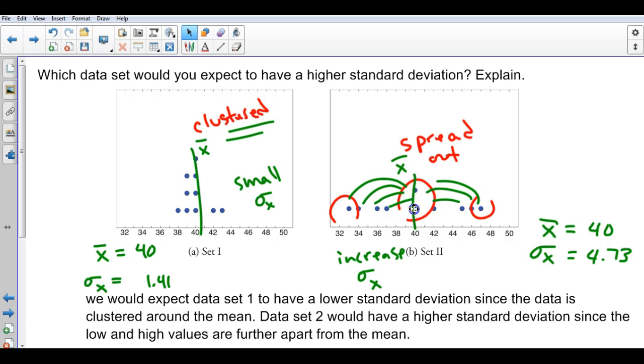You might have a nice class average in the middle of that, but you have a lot of people performing low, you have a lot of people performing high, and that means that your class ability is kind of all over the place. So again, even though both of these data sets I would consider as being symmetric, since data set 1 has this cluster, I would assume that the standard deviation would be lower.